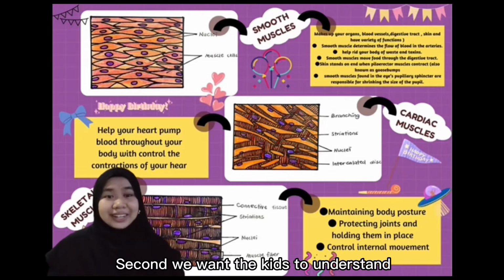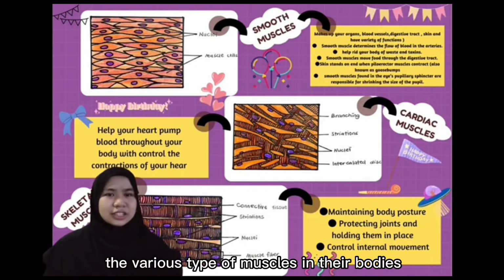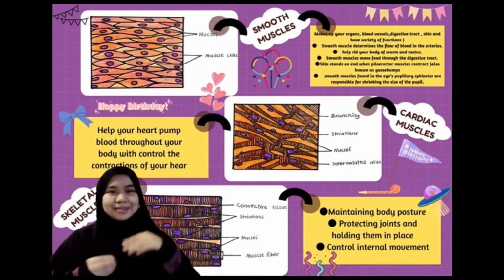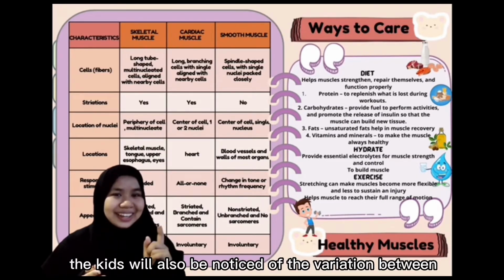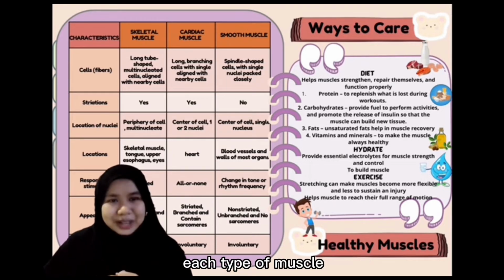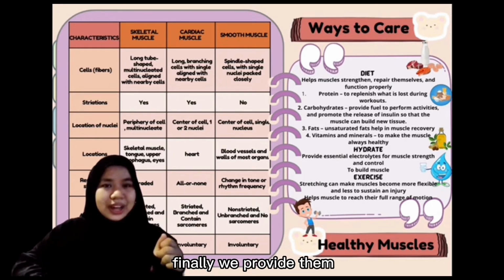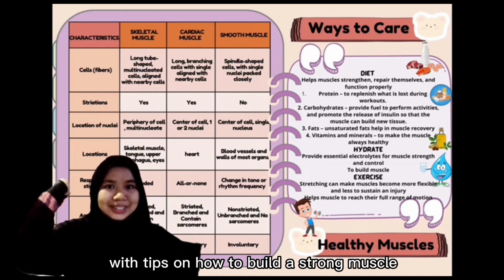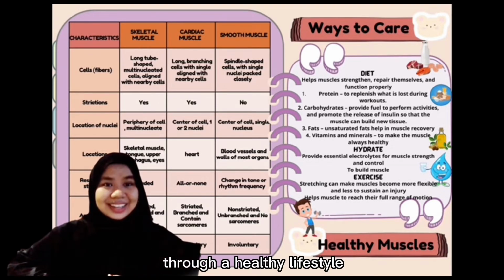Second, we want the kids to understand the various types of muscles in their bodies and how they function. By doing so, the kids will also notice the variation between each type of muscle. Finally, we provide them with tips on how to build strong muscle through a healthy lifestyle.